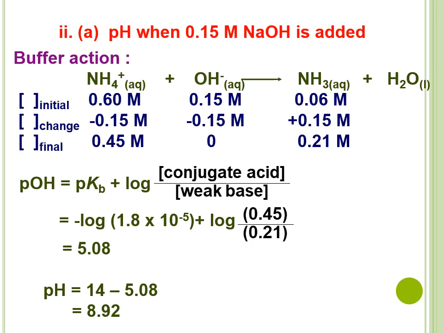The next step, we use the Henderson-Hasselbalch equation, substitute all the values, and we got pOH equals 5.08 and the pH is 8.92. The original pH is 8.26. And when we add OH minus, it became 8.92. It's not that far away. So the pH is maintained.